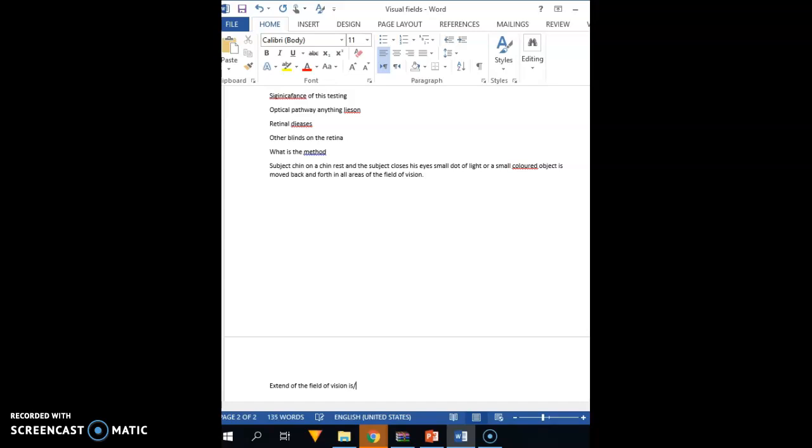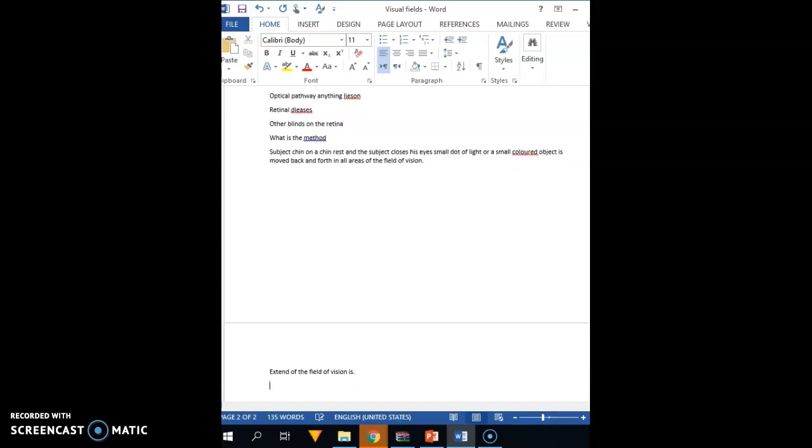The blind spot itself occurs 15 degrees laterally to the central point.